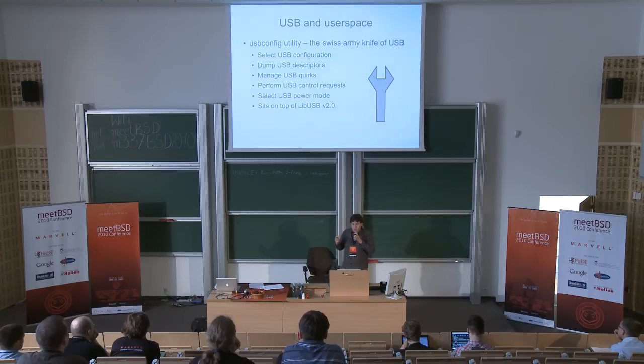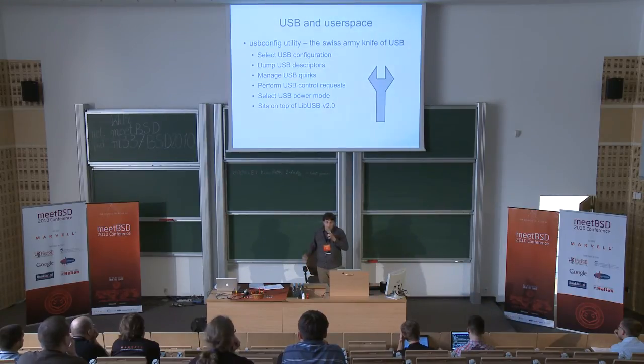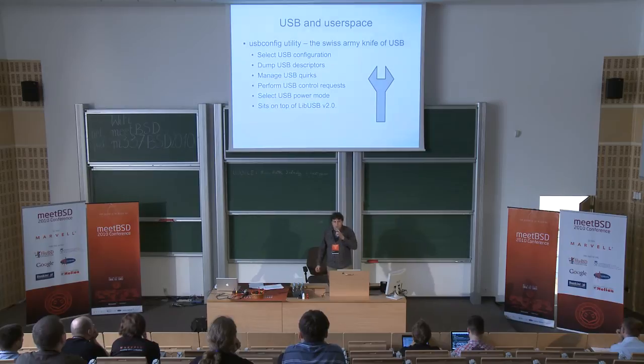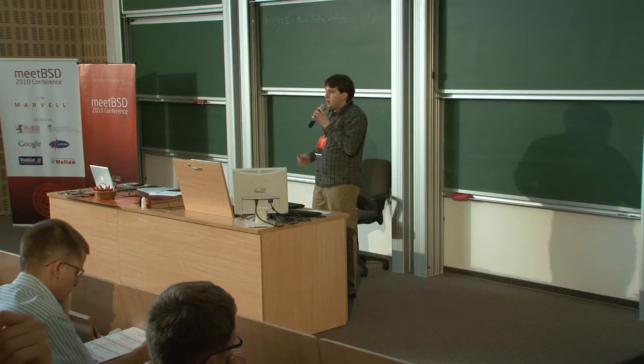It can manage USB quirks. It can perform USB control requests, and it can select the USB power mode, and many more things which I have not listed in this brief presentation. usbconfig, in other words, is your Swiss Army knife to do something on USB without having to compile an application.